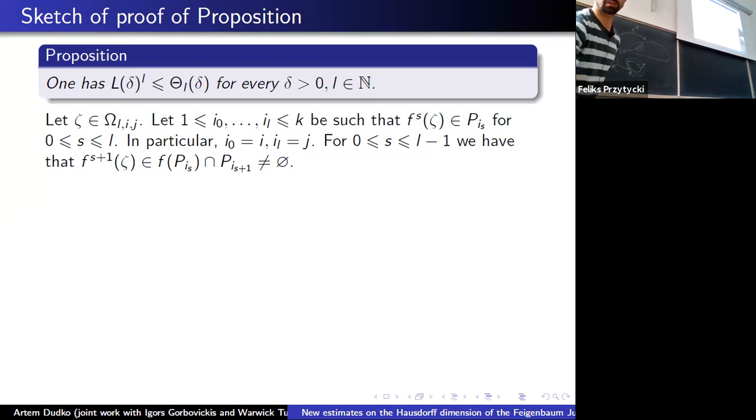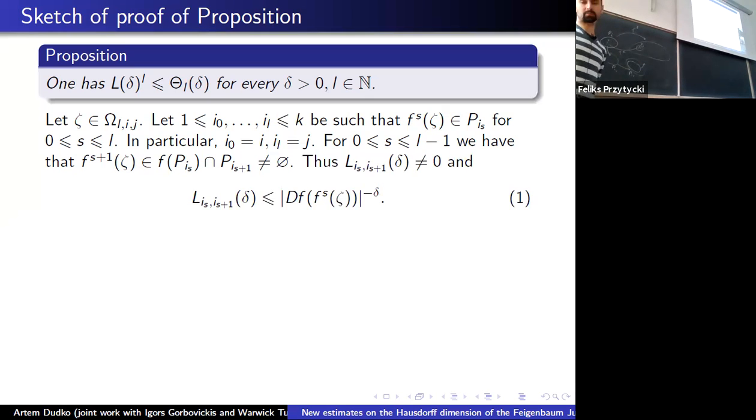And so this by definition implies that the corresponding entry of the Macmillan matrix is not equal to 0. And since it is constructed by taking the maximum of the derivative on the part of the domain mapped here, it is less than or equal to the derivative, in particular at the point Fs of zeta.